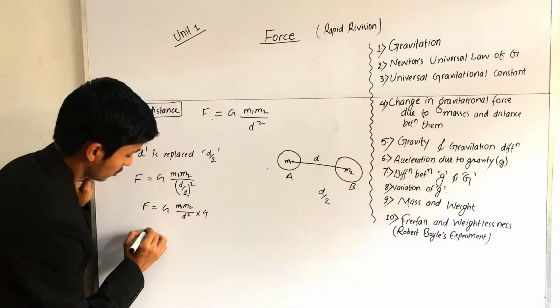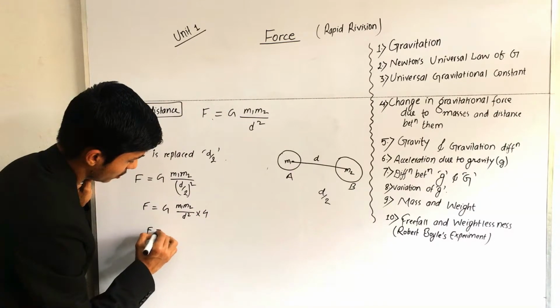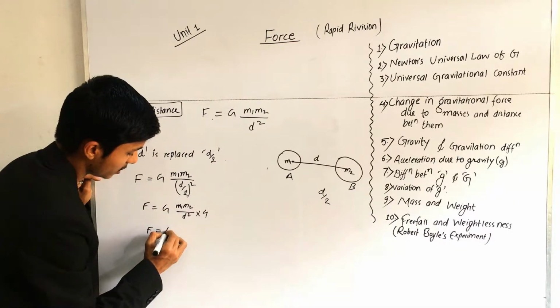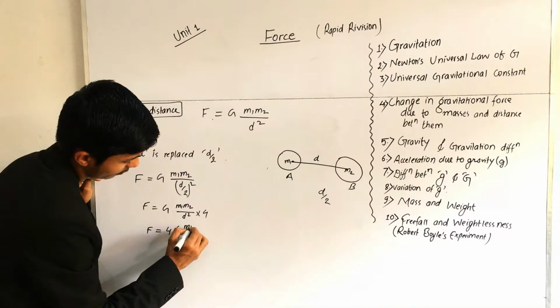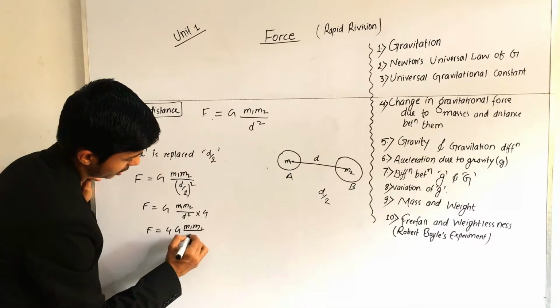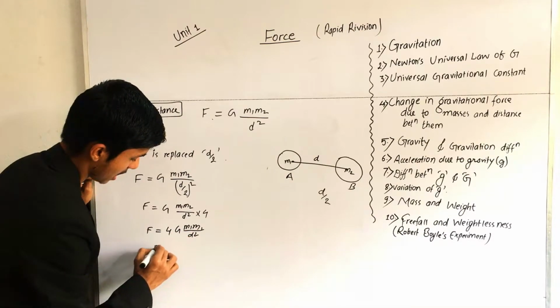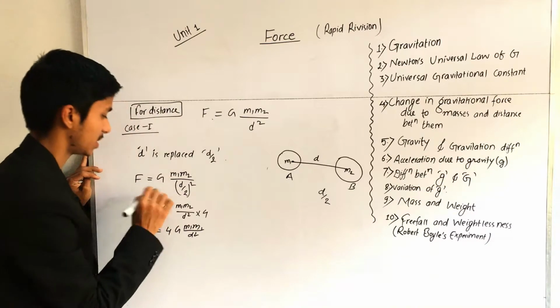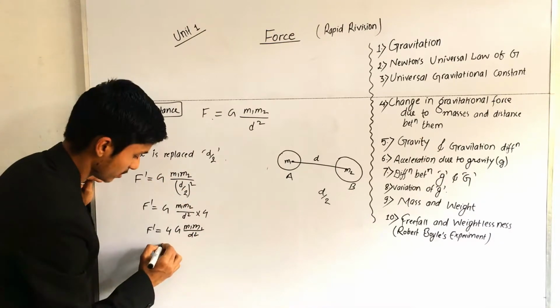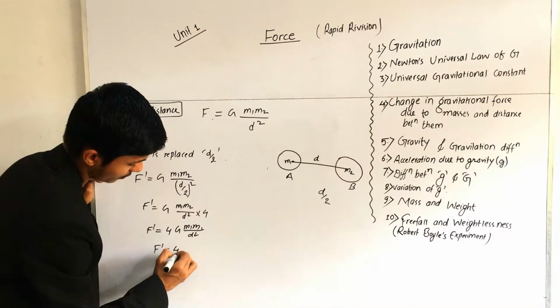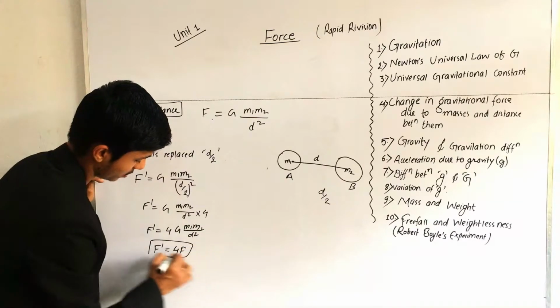Okay, so we get F is equal to 4 times of capital G m1 m2 by d square. This is the force after change in distance. F is equal to 4 times of this force.